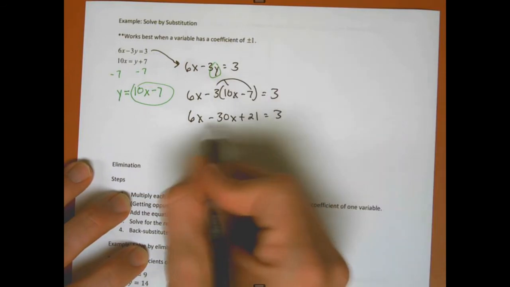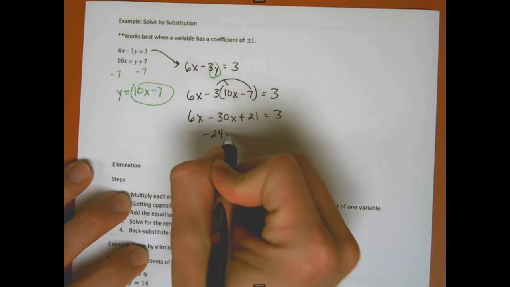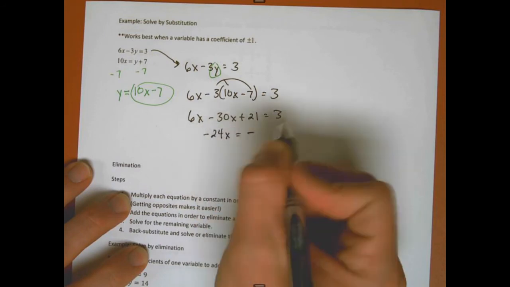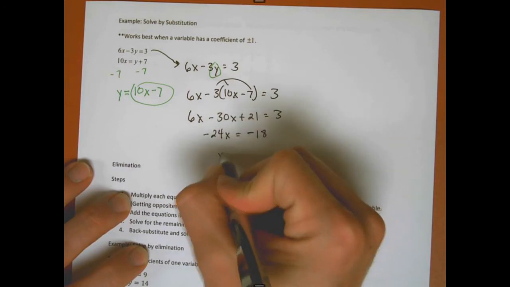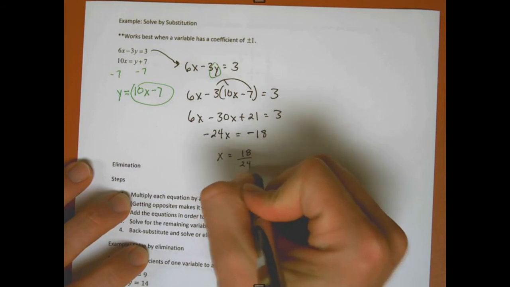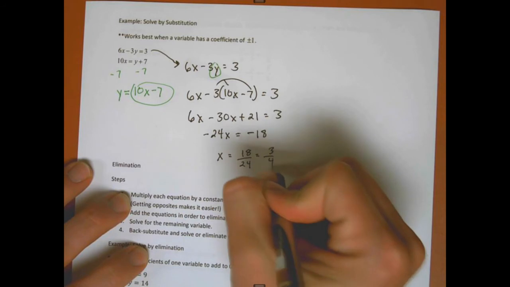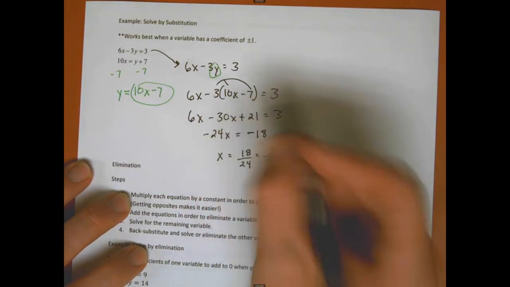We can combine to get negative 24x. And then when we subtract, we get negative 18. And so x is 18 over 24, which reduces, dividing both by 6, to 3/4. So now we know x is 3/4.